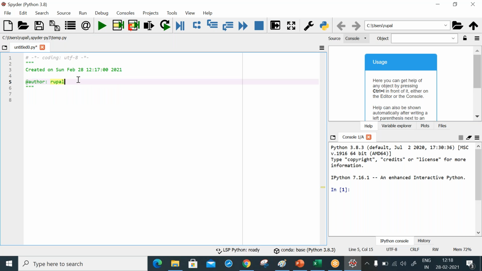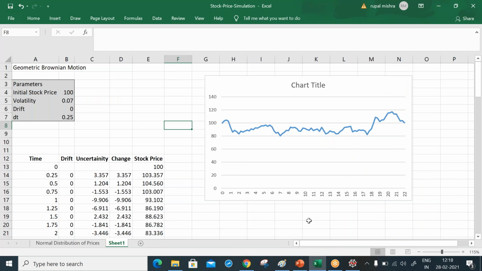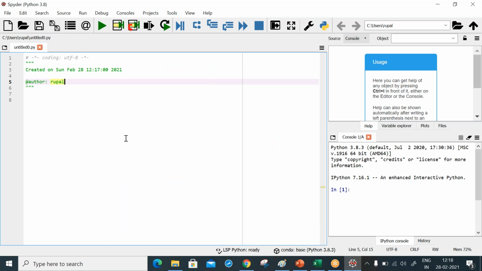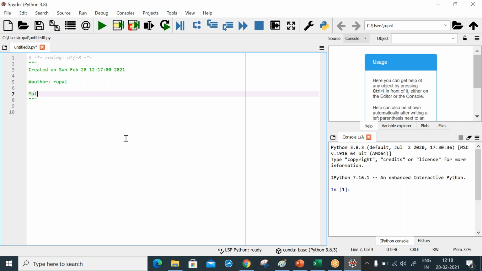So let us exactly implement what we did in Excel yesterday. We are going to exactly implement that. I will write it as multi-step Monte Carlo simulation.